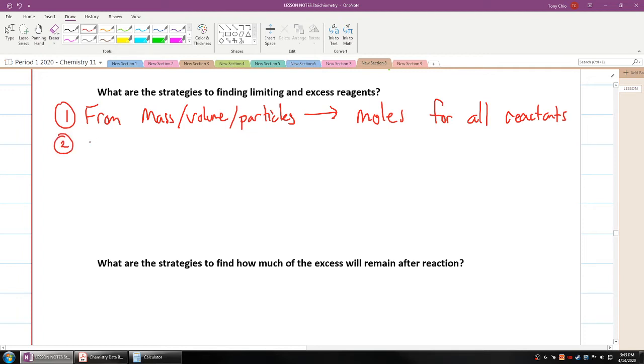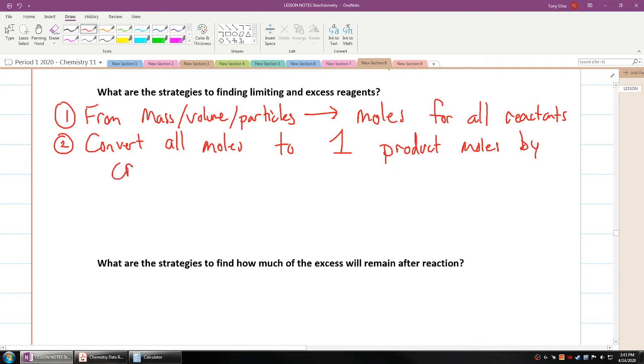Number two, convert all moles to one product's moles by crossing the mole bridge. So you want to convert all the moles that you just converted in step one to one product's moles. Now, why do you want to convert to one product's moles?